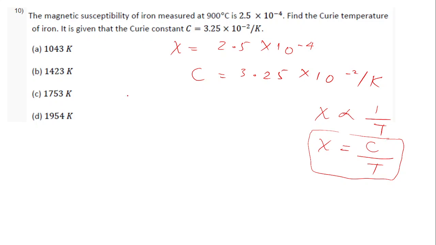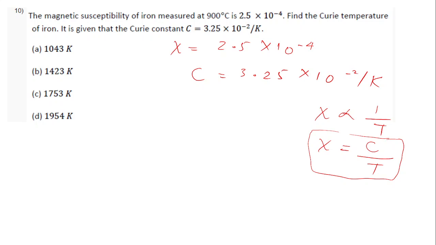Given the Curie constant, find the Curie temperature of iron. Iron is a ferromagnetic material; in detail it could be discussed next week. What do we mean by Curie temperature? It's the temperature below which the magnetic material has magnetic moment. We were talking about the presence of permanent magnetic moment.